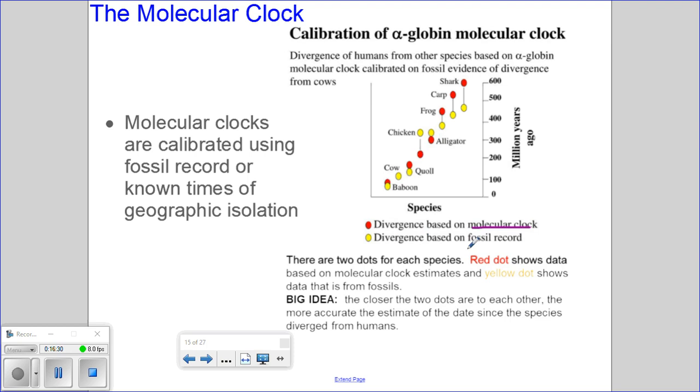The yellow dots represent the divergence based on the fossil record, where in the fossil record you start to find the earliest ancestors of these particular species. You can see here that the closer the two dots are to each other, the more accurate the estimates are of the date since the species diverged from humans. You see the same trends and pattern here, so the molecular clock does line up with that fossil record.